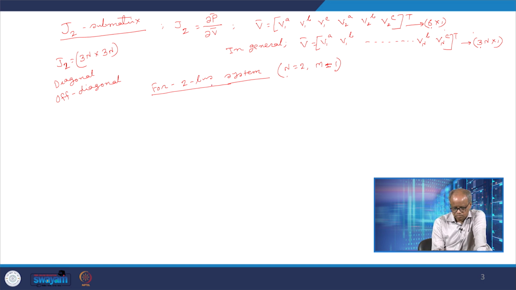Let us look at what J2 would be for the 2 bus system. It would be del P1A by del V1A, del P1A by del V1B, then del P1A by del V1C, then dot dot dot del P1A by del V2C.